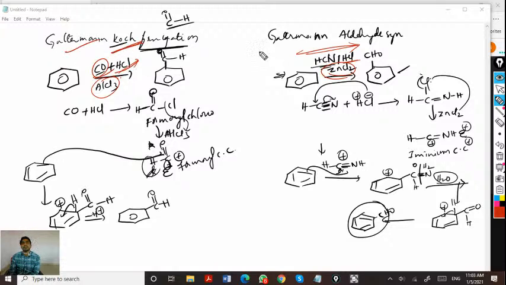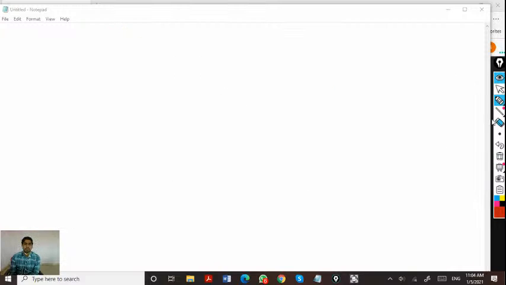So both are given by Gattermann only. To remember this, KOCH: when KO is there, it will have CO. When it is the other one, the aldehyde, the reagent is HCN. You can also make your own reagent system or techniques to remember this. Try to solve the questions for today.